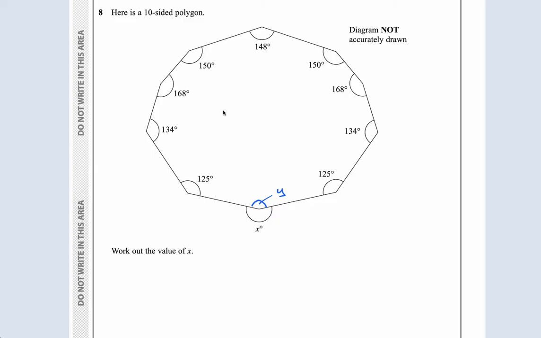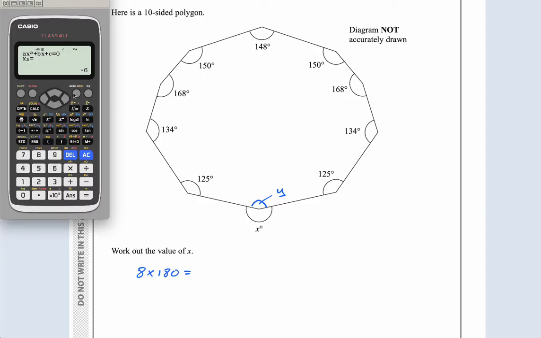That's not easy. Well, firstly, I know that all these angles have to add up to 8 times 180. Now, guys, if you don't know that, I suggest you learn it right now.